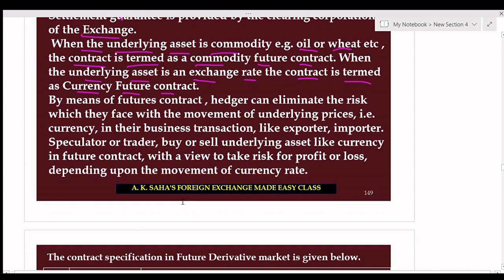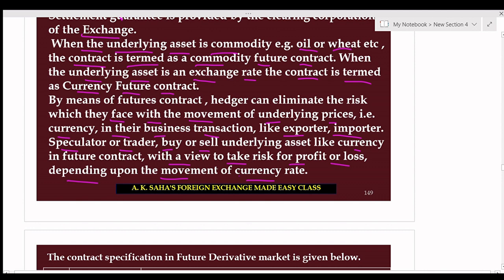By means of a future contract, hedgers can eliminate the risks they face with the movement of underlying prices, that is currency, in their business transactions, like exporters and importers. Speculators or traders buy or sell an underlying asset like currency in a future contract with a view to take risks for profit or loss depending upon the movement of the currency rate.